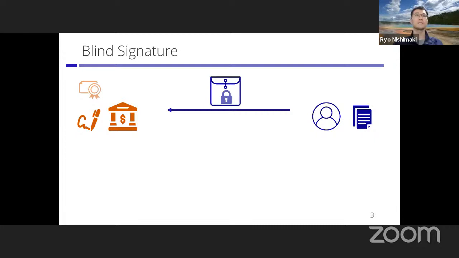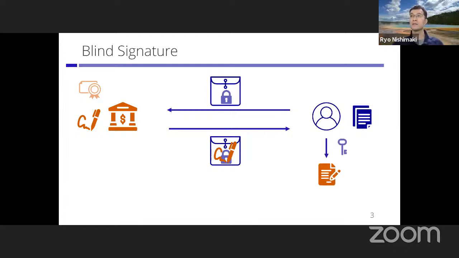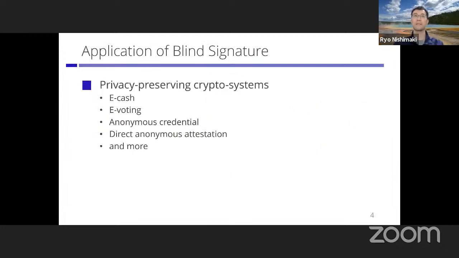The signer signs the message without opening the sealed envelope, because the envelope has a carbon copy seed, so if the signer signs on the envelope, then the seed has the signature. So next, the user opens the sealed envelope and gets a signed message. This is blind signature.